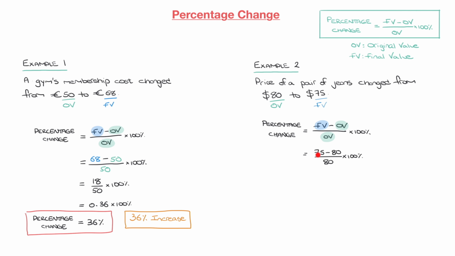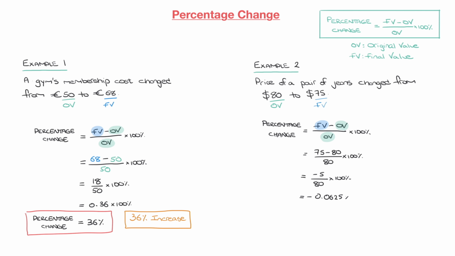Now calculating 75 minus 80, which is equal to negative 5, this becomes negative 5 over 80 times 100%. Again, using a calculator if needs be, negative 5 divided by 80 is equal to negative 0.0625.